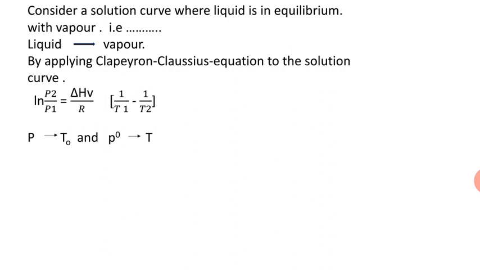When the pressure is P0, the temperature is T. Naming these as P1 T1 and P2 T2 and putting these values in the above equation, we get ln P0 by P is equal to delta Hv upon R into (1 upon T0 minus 1 upon T).